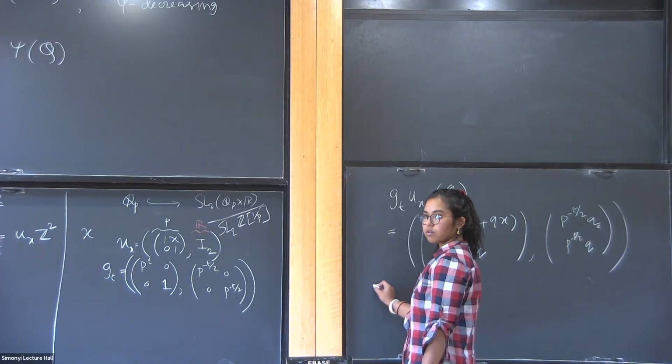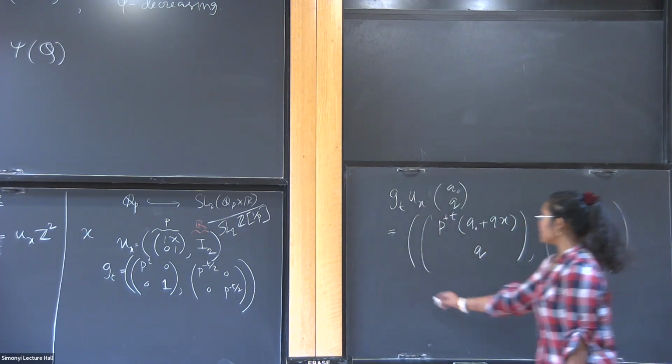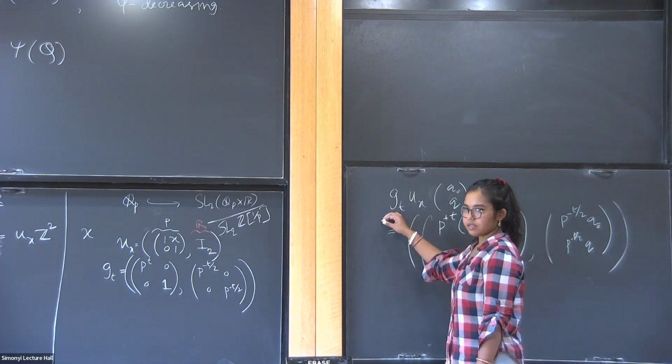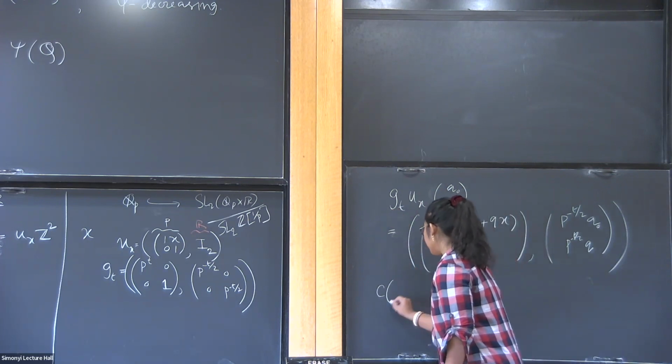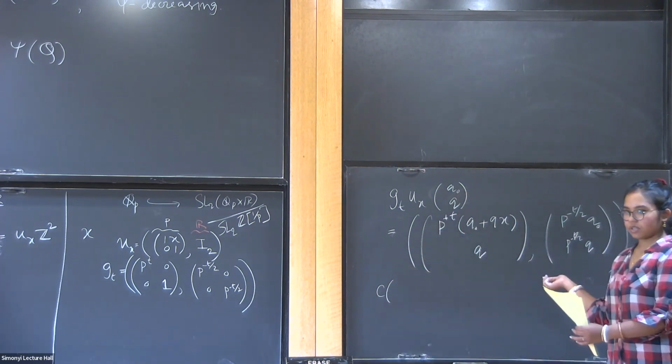Everything will be contracted. So if I write the shortest vector in this space, that is going to be C, the product of the p-adic norm and the infinity norm.